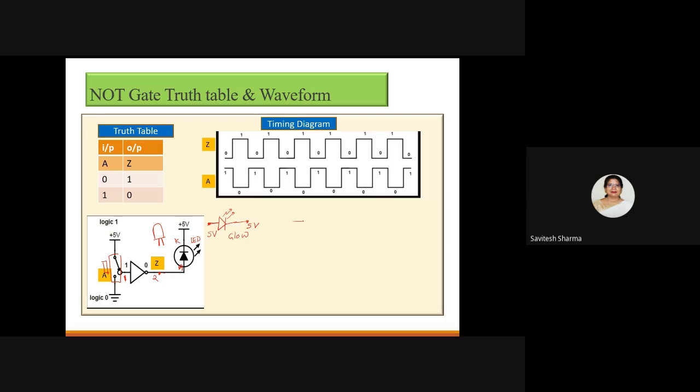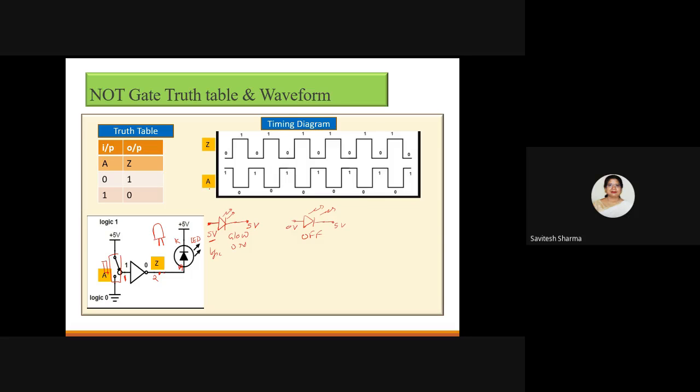And if you are applying a voltage below 5 volt, or say 0 volt, your LED will not glow, it will be off. So if the output is 5 volt, logic 1, your LED will glow. If you apply 0 volt, the LED will not glow.